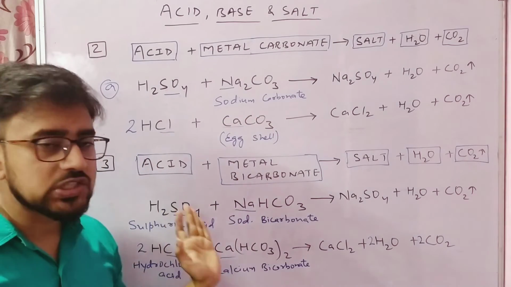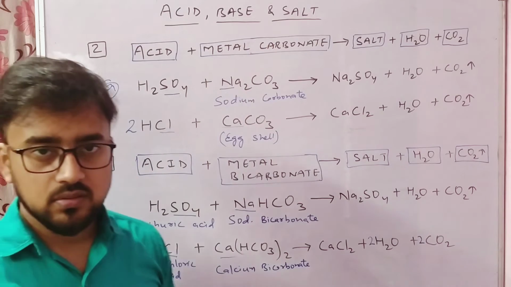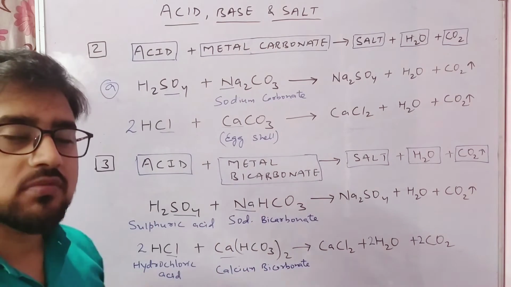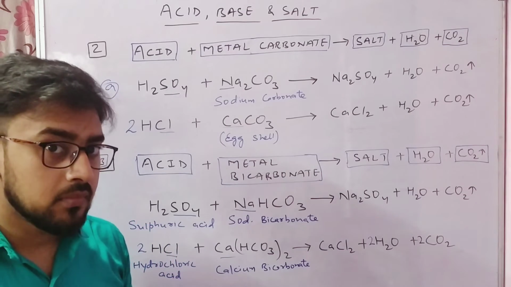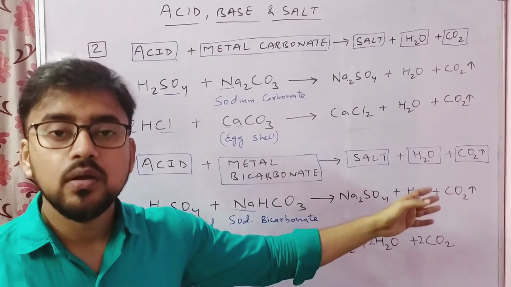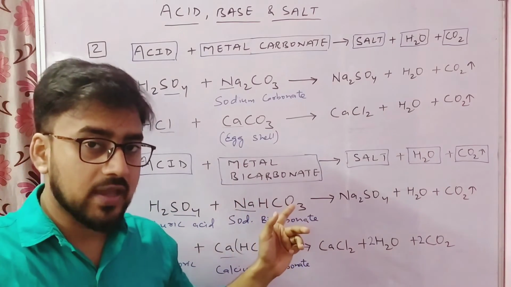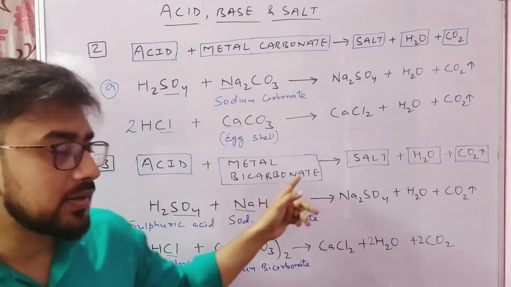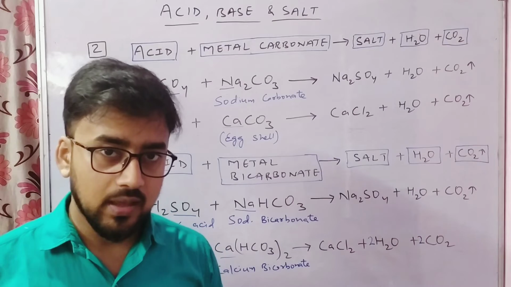Now next is reaction of acids with metal bicarbonates. Just like in the first case, here also acid reacts with metal bicarbonates to form the same products, meaning you will get salt, water and carbon dioxide. So this is a general reaction. You should learn that acid reacts with metal carbonates and bicarbonates to form salt, water and carbon dioxide gas.